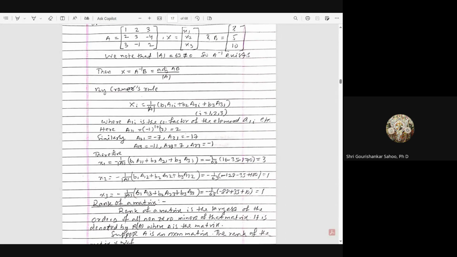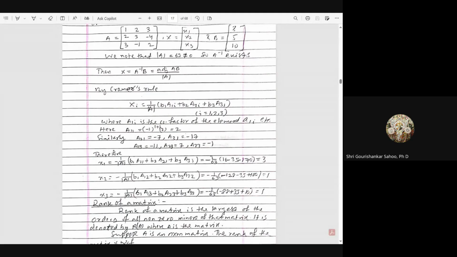So your X is equal to A inverse B, that is the adjoint of A times B by the determinant of A. So by using Cramer's rule, your xi is equal to 1 by determinant of A multiplied by B1 A1i plus B2 A2i plus B3 A3i, where i is equal to 1 to 3. So Aji is the cofactor of the element a ji, small a, subscript ji.